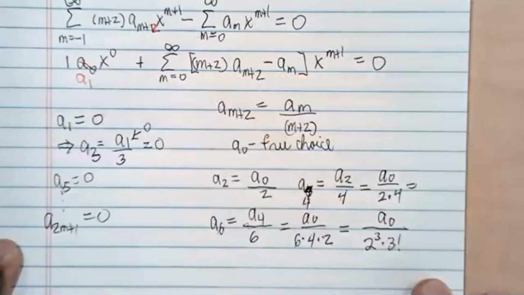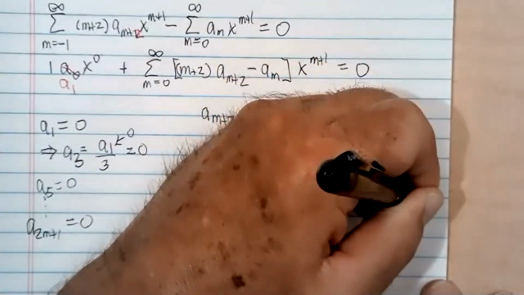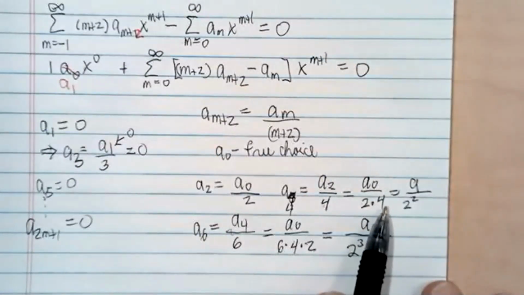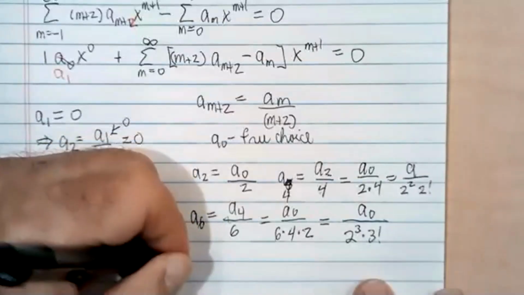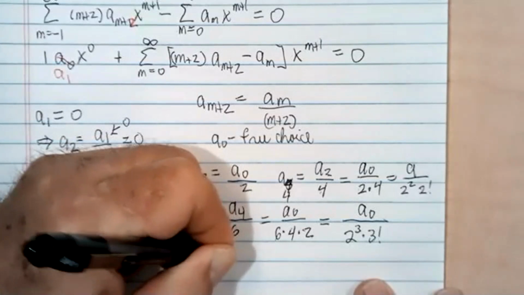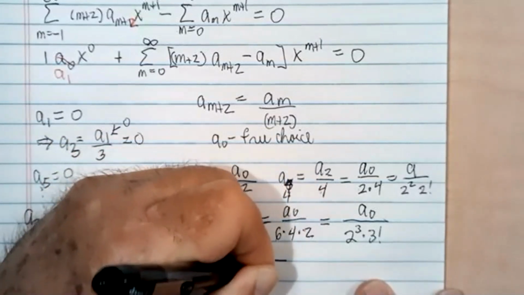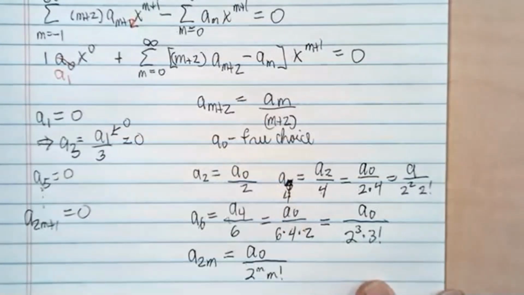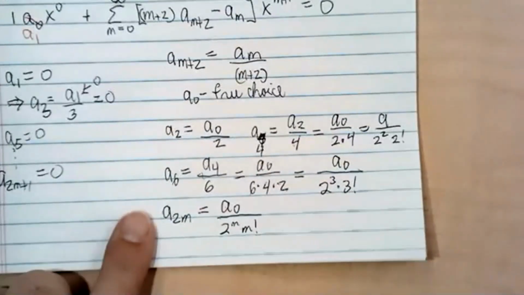And this one up here, that is 2 squared over 2 times 1, which is 2 factorial. And it would appear then that a2m is equal to a0 over 2 to the m times m factorial, exactly as we had predicted way back here. So that's where that comes out.